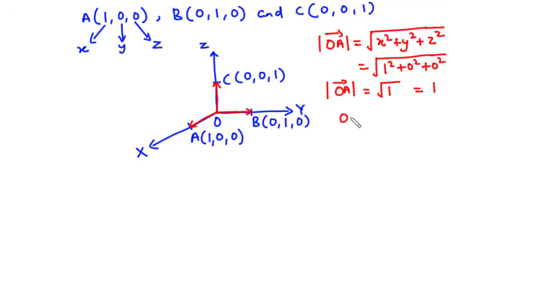In the same way, we have the magnitude of vector OB also to be equal to 1, and the magnitude of vector OC also to be equal to 1.